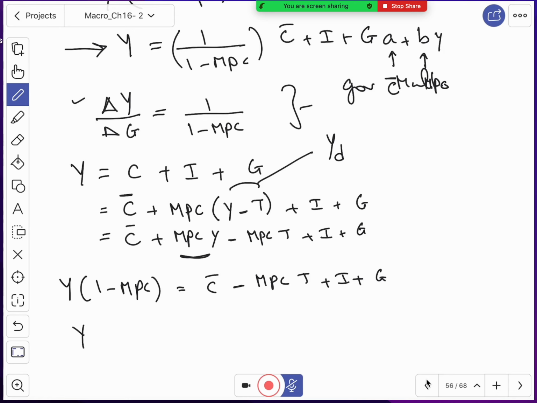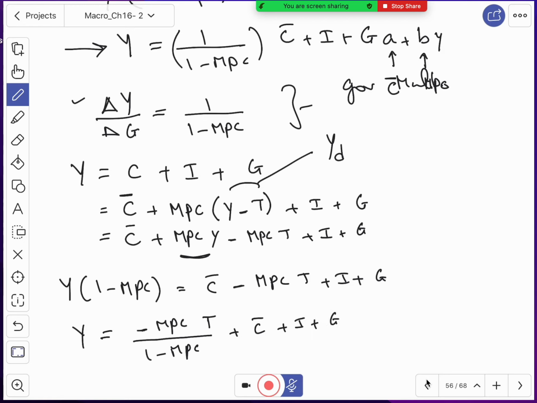So we can say that Y is equal to minus MPC times T over 1 minus MPC, plus C bar plus I plus G.